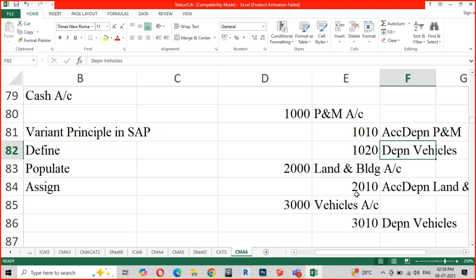It is simply not a number. It follows a specific logic, and we as finance consultants are responsible for following this logic also. There has to be some logic in these general ledger accounts. It is not just 1, 2, 3, 4 numbers. Each should have a definite meaning.